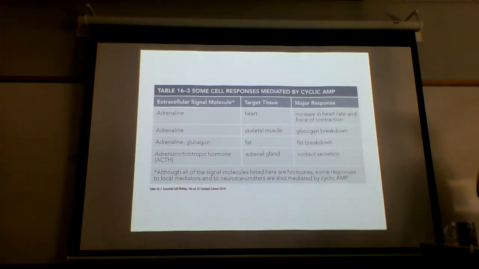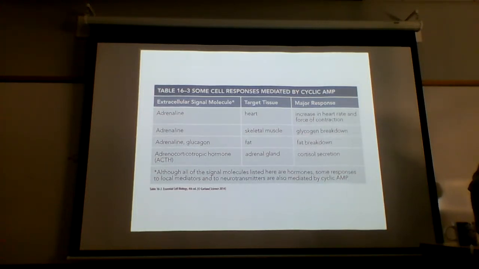Some different things that are mediated by cyclic AMP. Adrenaline, as we talked a little bit about, a major sort of fight or flight hormone, and that very quickly increases the heart rate and the force of the contraction. So you're pumping not just faster, but more blood. On the skeletal muscle, glycogen breakdown starts to generate glucose, as all different kinds of starch are being converted to glucose.